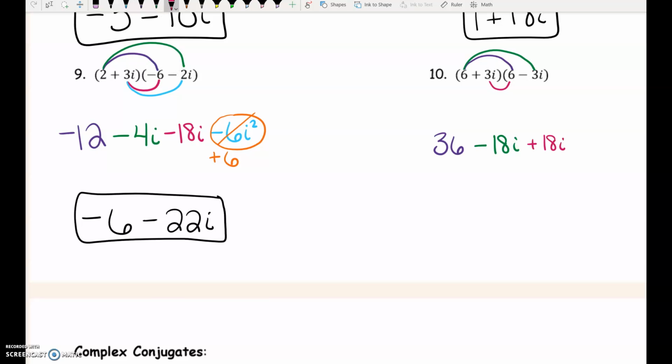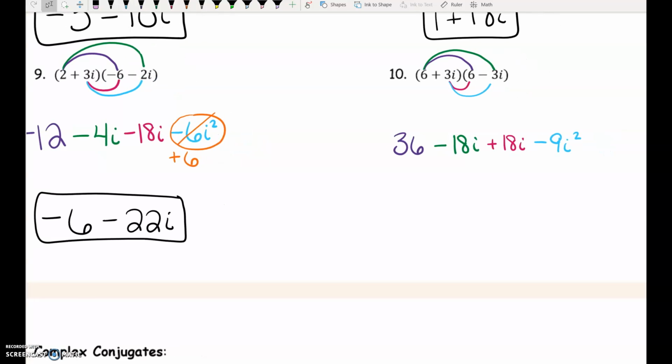And 3i times -3i is -9i squared. Whenever I see i squared, I want to address that first. So -9 times -1 is a +9.